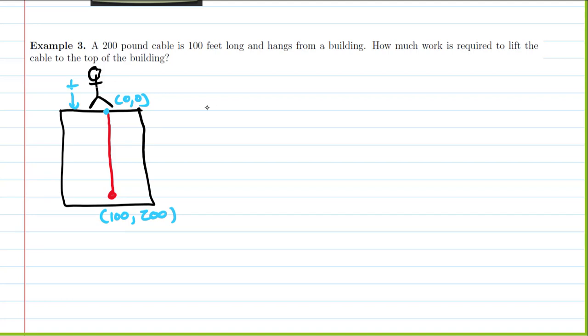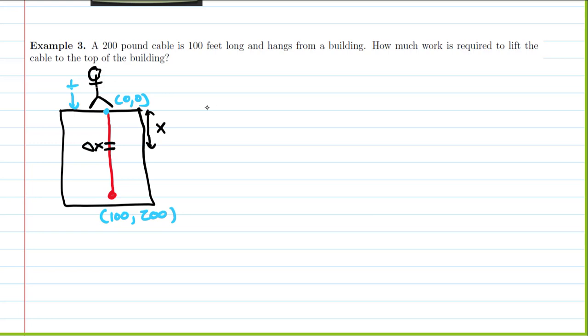Now let's visualize a little piece of this that is delta x thick. Each little delta x thick piece, how far am I going to have to move it? Wherever it is located, the distance from the roof to that delta x piece is going to be x, because that's the way I defined my coordinate system.